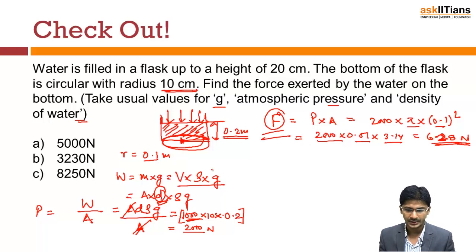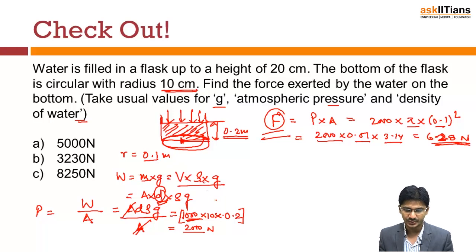Now the radius was this, and the volume of this was area of cross section into depth, into rho into g, where we are getting a variation in the answers. So let's see the calculations again. We got the volume was area of cross section into the depth, into density of the liquid into g.